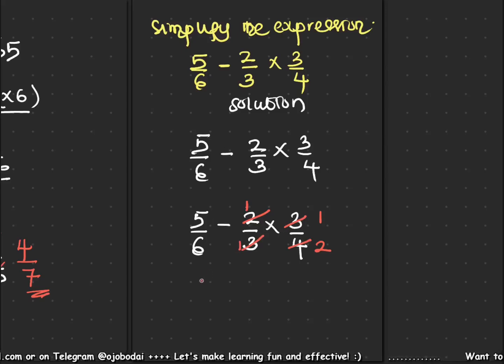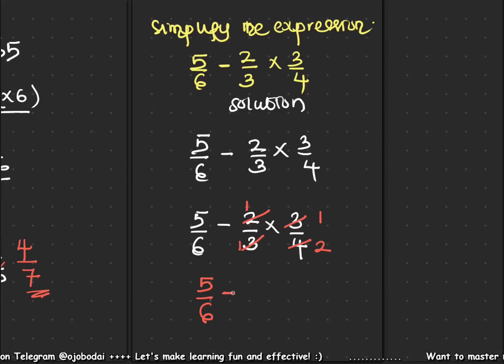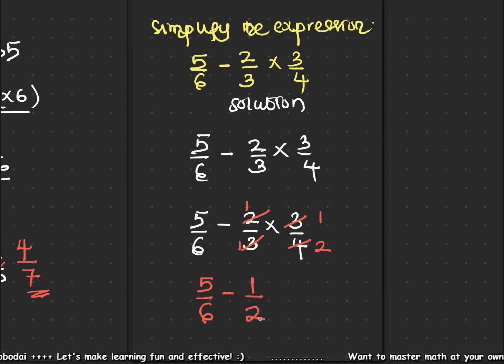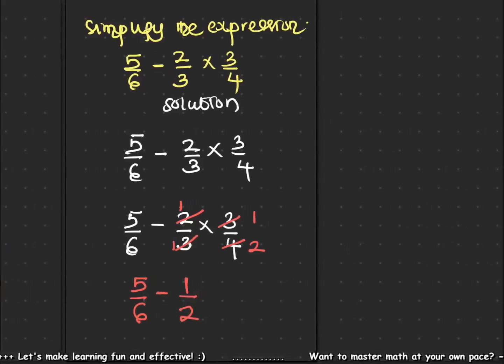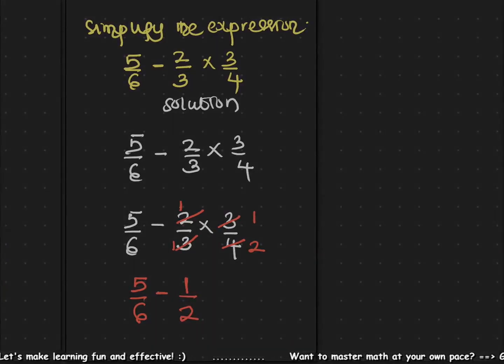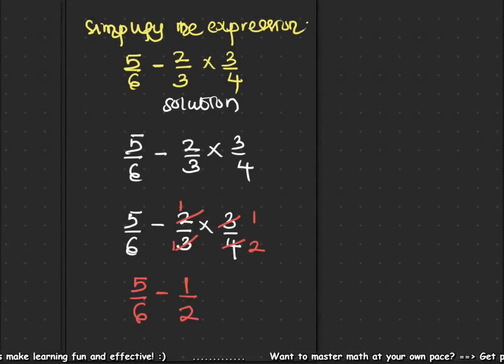So that we have 5 over 6 minus 1 times 1 gives us a 1. Then this 1 here times this 2 gives us a 2. So this now becomes our new question. All right. So let's write that here and solve it out.